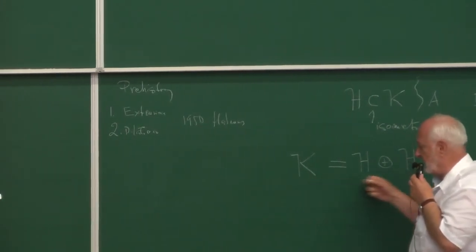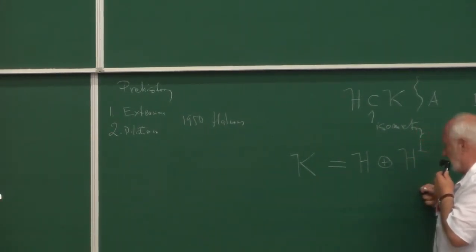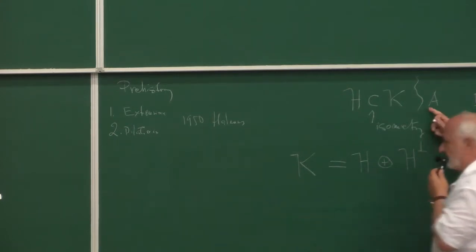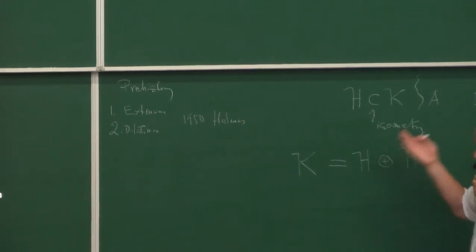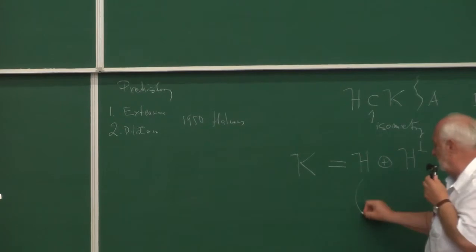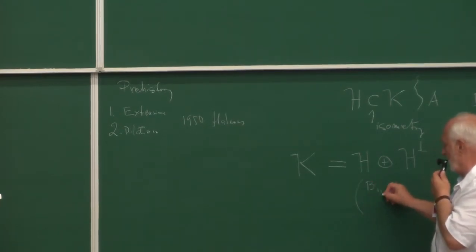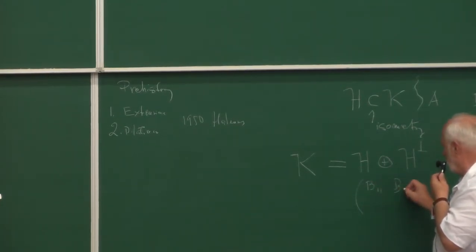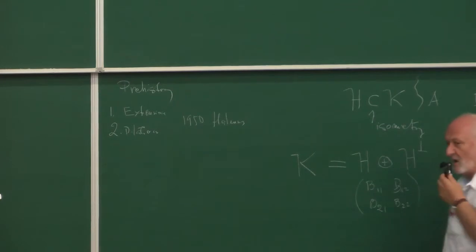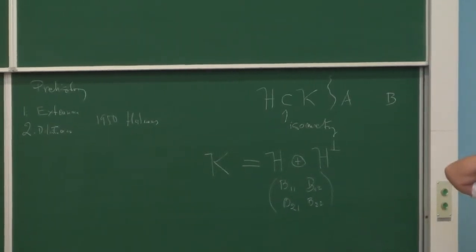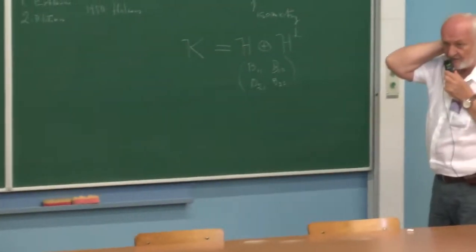So, according to this decomposition, we may decompose the operator B as a matrix. So we have B1,1, B1,2, B2,1, B2,2. These are operators. It's very clear what it means when the operators are bounded.